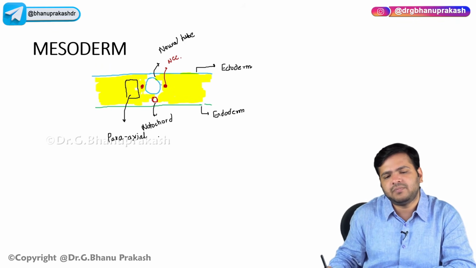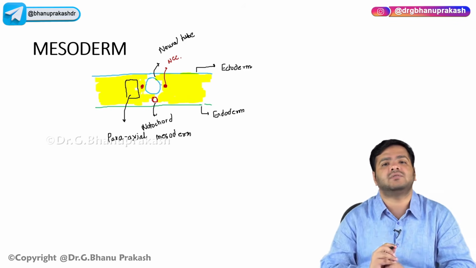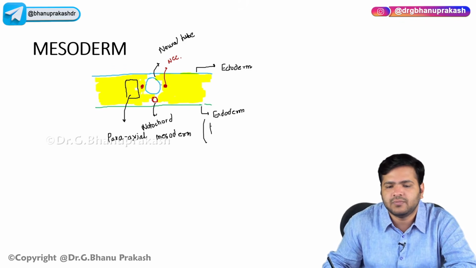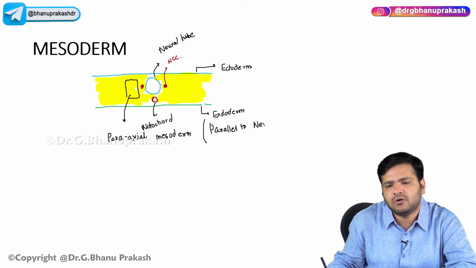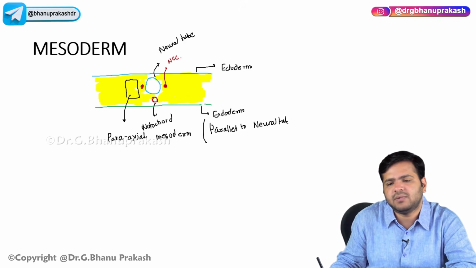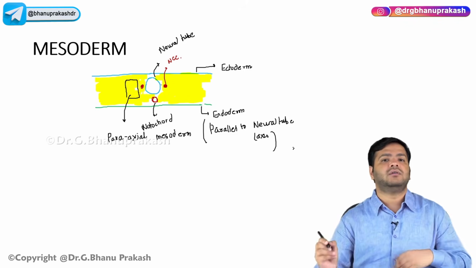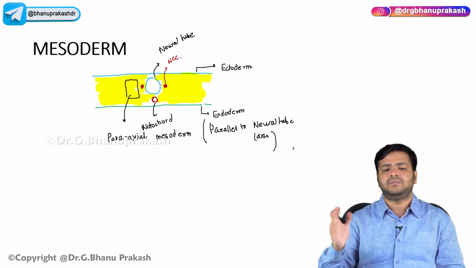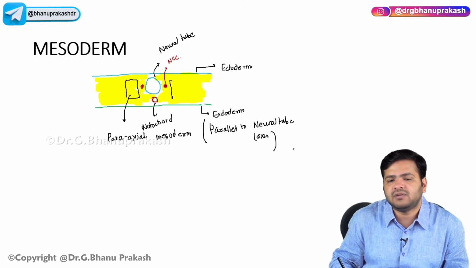The neural tube, you already know, is in the midline, or the axis. So para-axial mesoderm will be on both the sides.